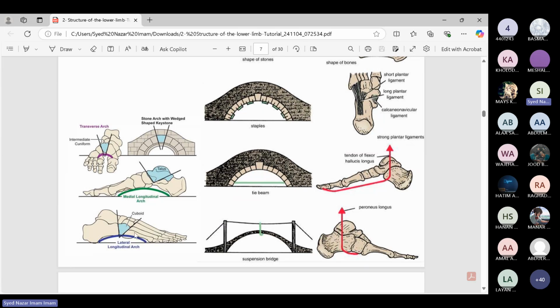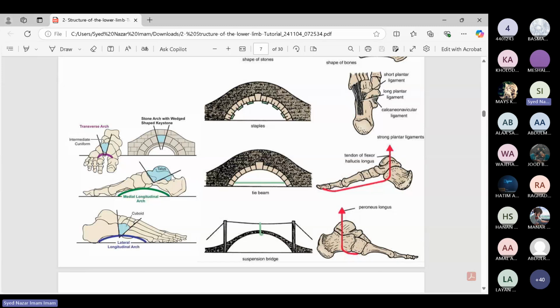The key bone is your cuboid. So now, an arch is formed by the shape of the bones. Look at the shape of the cuboid, the talus, and the intermediate cuneiform. They all are wedge shaped, and because of this wedge shaped bone, the arch is formed.